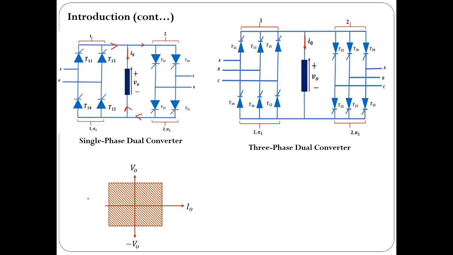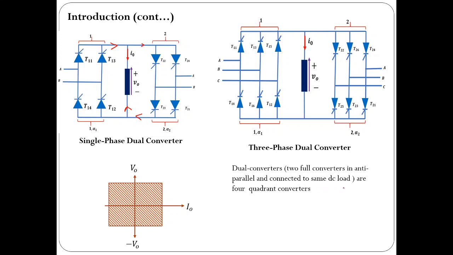That way, these single phase or 3 phase dual converters can be used to obtain 4 quadrant operation. So a dual converter has 2 full converters in anti-parallel connected to the same DC load, or 4 quadrant converters.